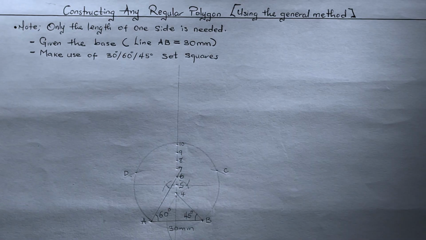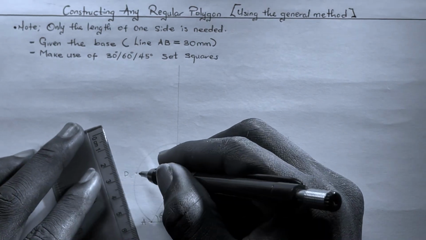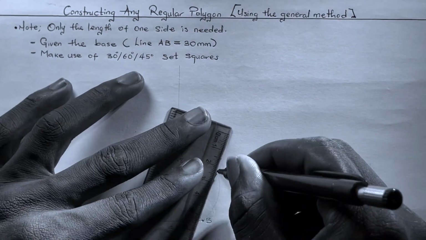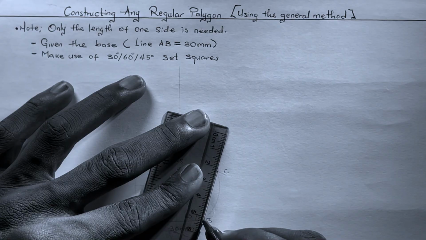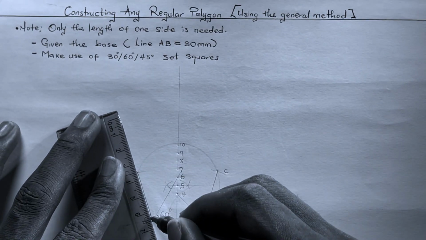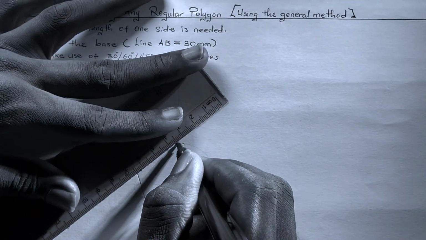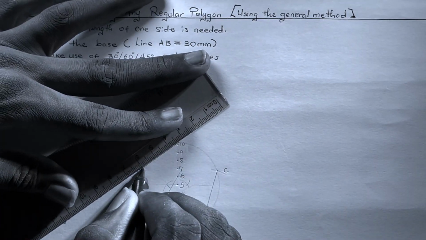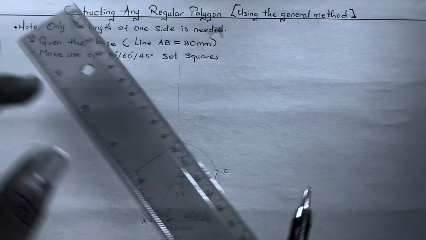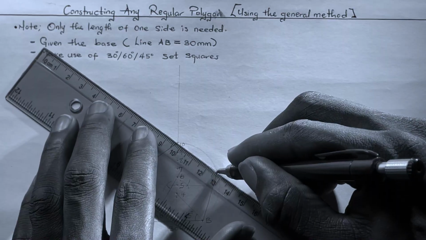Doing this, we have a new line from both sides, BC and ED, and then we have the other part of our pentagon.